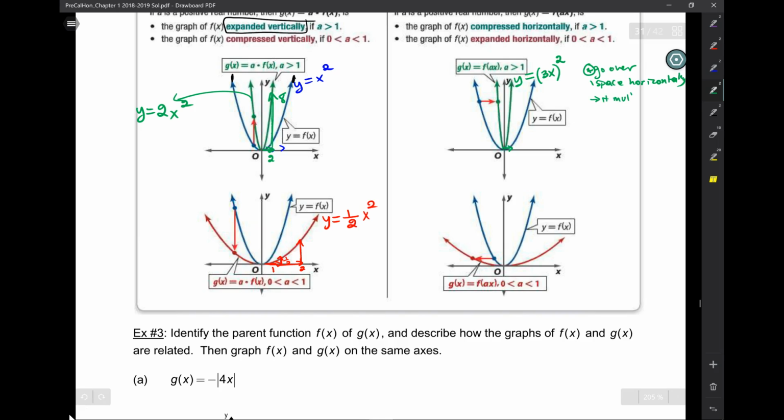It multiplies by 3, then squares. So do you see the difference between vertical and horizontal dilations and compressions? Whereas this one, it's like molasses. Suppose this is y equals 1/2 x squared. You try to go over horizontally 2 spaces, it holds you back. It multiplies by 1/2 and then it squares. Okay? All right.